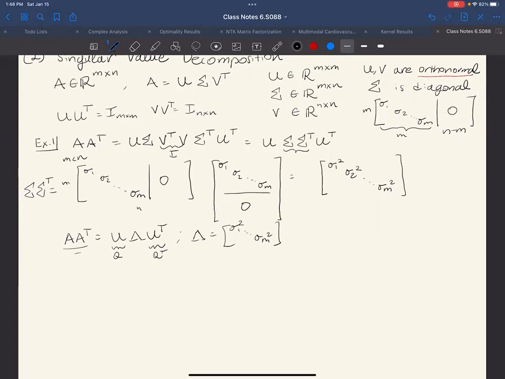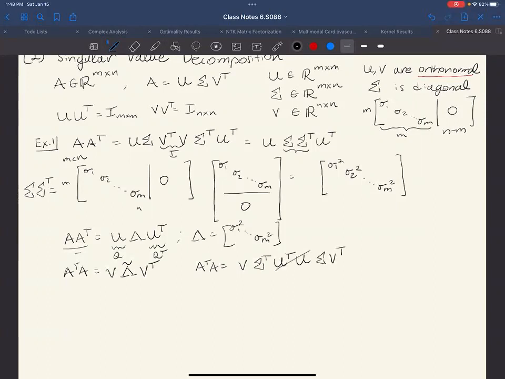So if I want to compute the singular value decomposition, one way I can do that is just compute the eigendecomposition of A A transpose, and similarly, A transpose A. So here we will get another factorization that's like V lambda tilde V transpose. And the reason I put a lambda tilde here is that if we write out what A transpose A is, this is going to be V sigma transpose U transpose, U sigma V transpose.